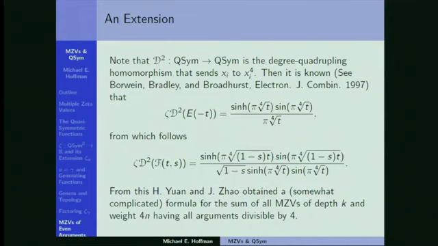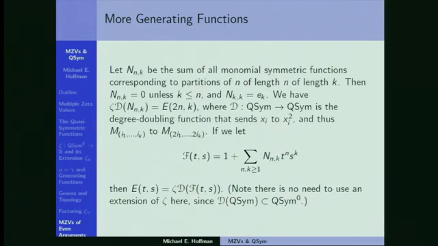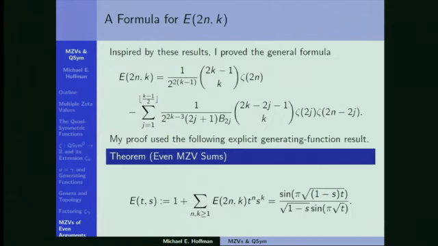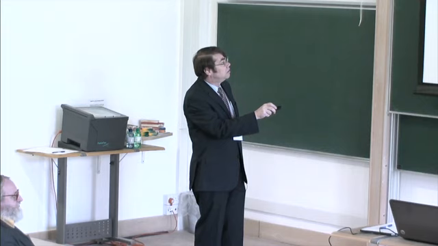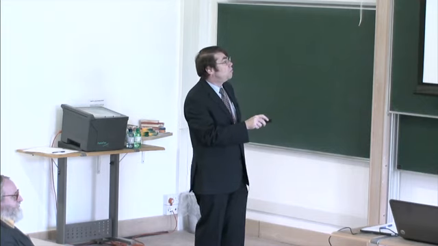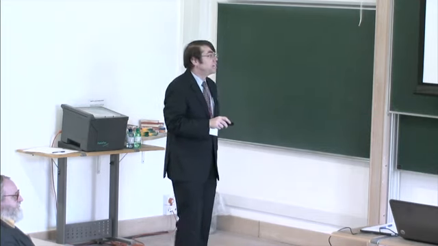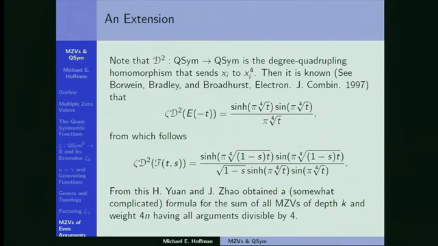But now Yuan and Zhao have actually used this generating function, in a way analogous to the way I used this one, to get a formula for the sum of all multiple zeta values of fixed depth and weight 4n, in which all the arguments are divisible by 4 rather than 2.